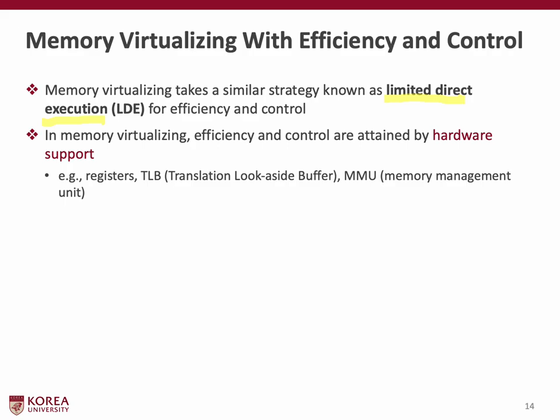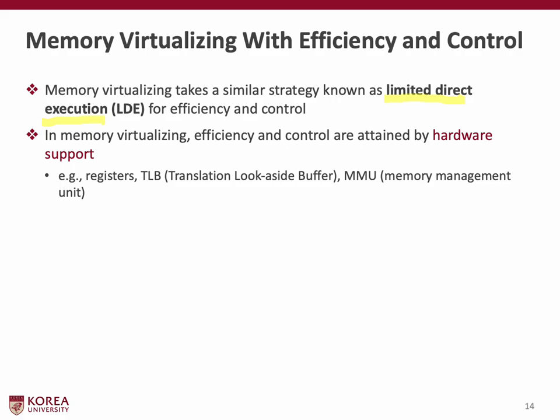We let the process run directly on the CPU most of the time for efficiency, but the operating system still maintains control whenever special events happen, like traps or interrupts. In the same way, memory virtualization also needs to achieve both efficiency and control. And to do that, we rely on hardware support.